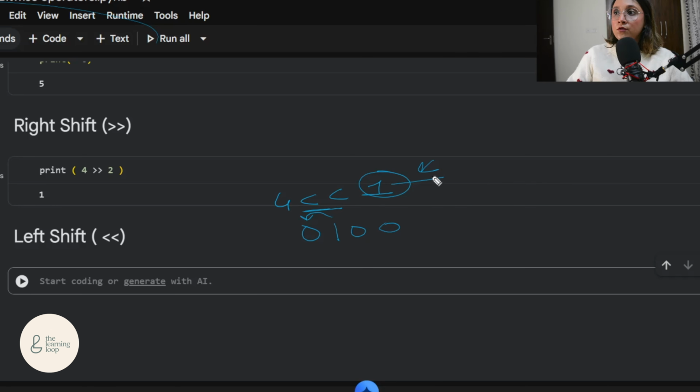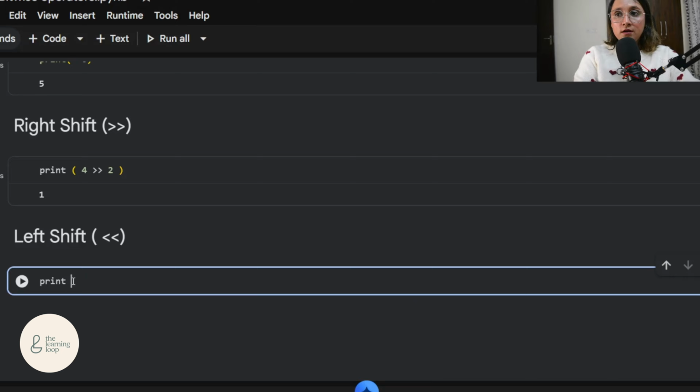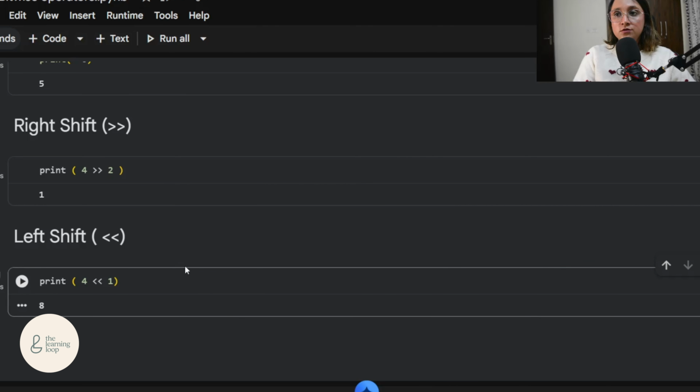Only 1 position. So it will become 1 0 0 0. Let's check this with an example now. Okay, let's do print 4 left shift 1, and let's run it, and you will see the answer is 8.